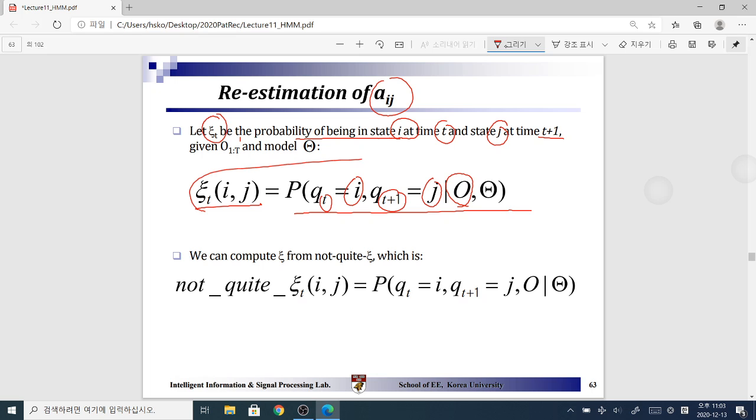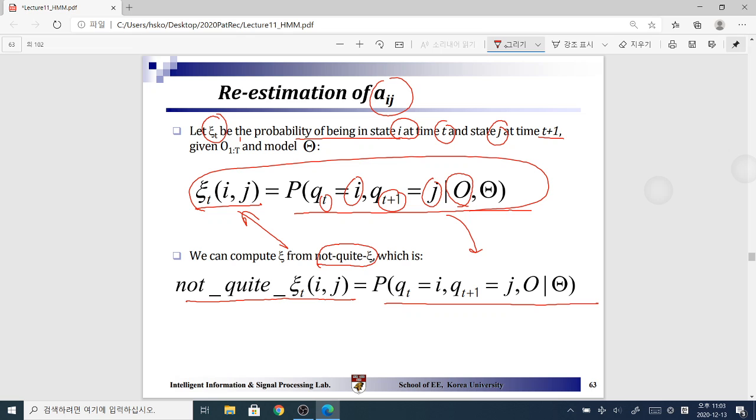Now, with this, what I want to do at this point is to compute this transition probability from another very similar term called not quite psi. Not quite psi is defined by this, which is very similar, but it is actually the joint probability of the state being i at time t and the state being j at time t plus 1, as well as the observation sequence.